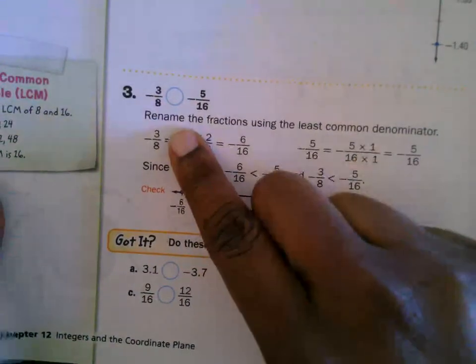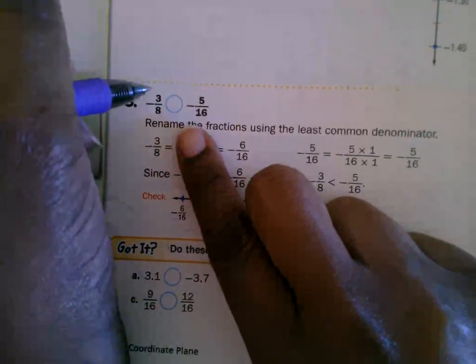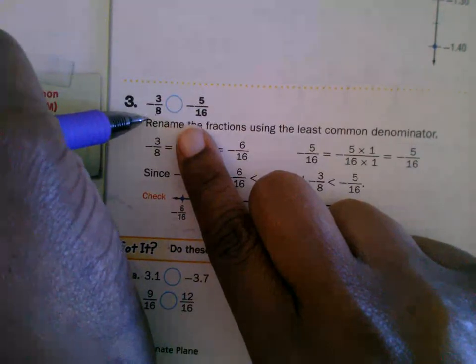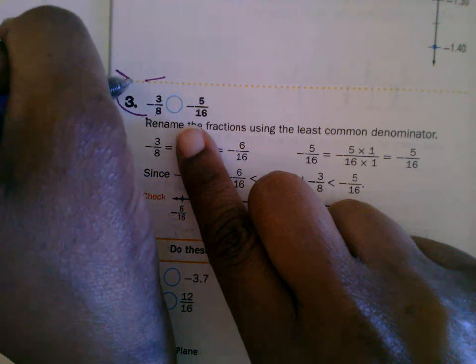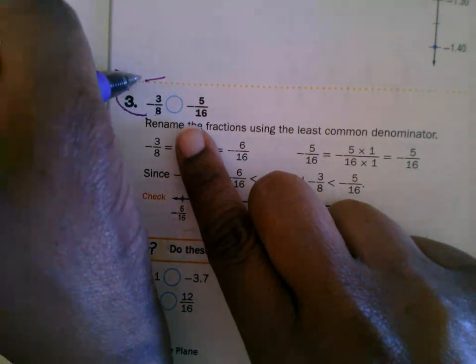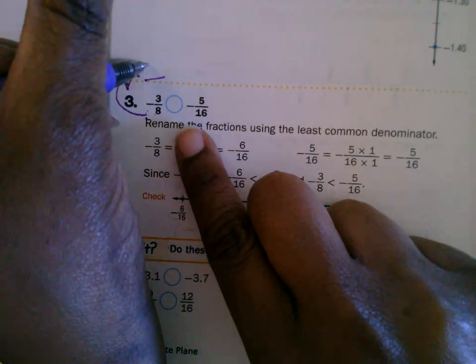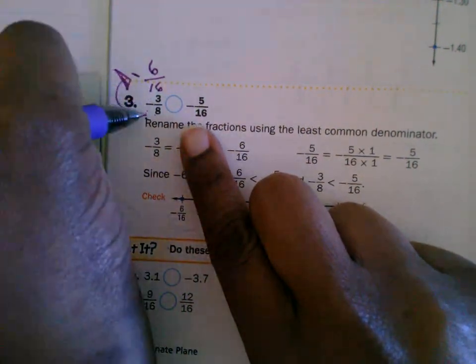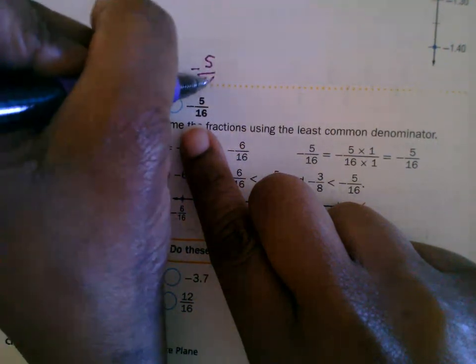Number 3, I made this mistake twice last period. I'll try not to make it twice this class period. In order to compare these fractions, it'll be easier if they have the same denominator. So I'm going to make this negative 3/8 into negative 6/16 by multiplying it by 2 so that I can compare it to negative 5/16.